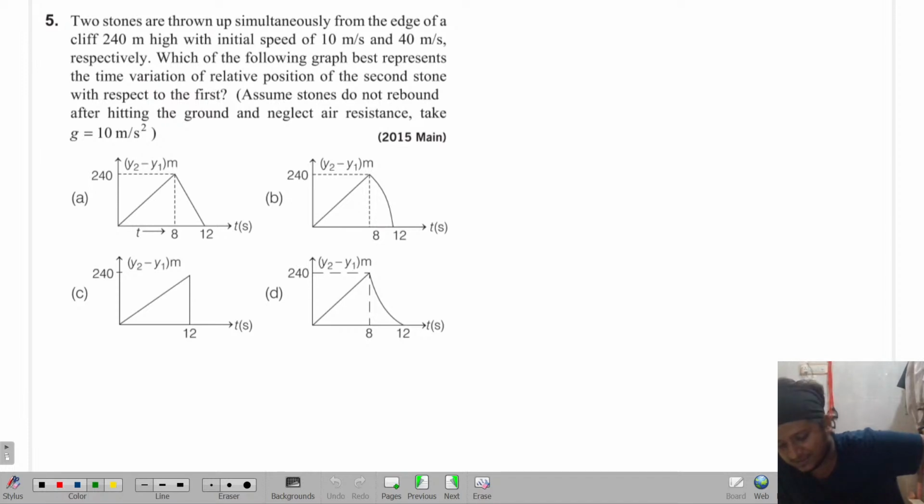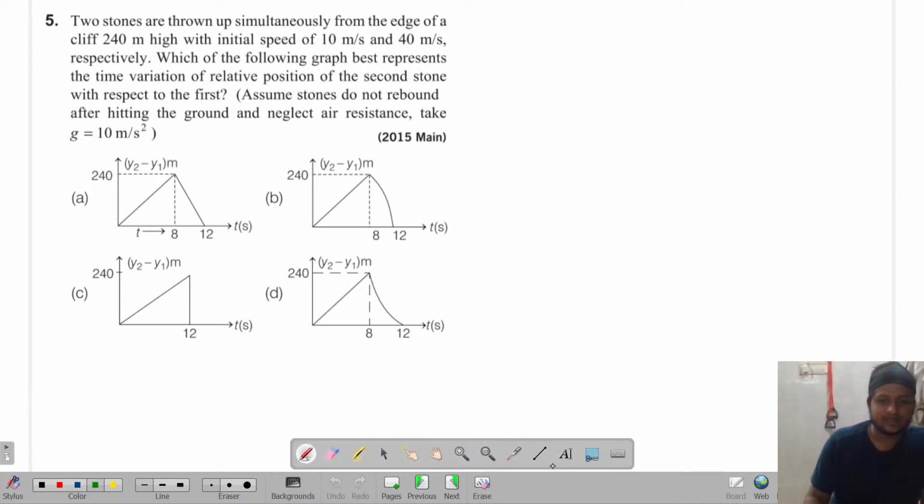You can take 5 minutes of time for this question. We will draw the diagram till that time.